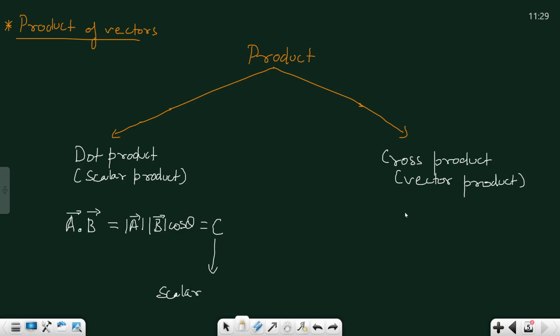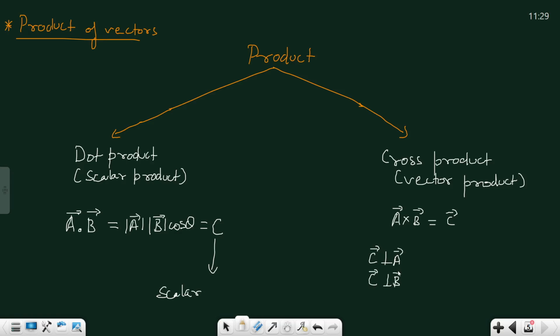But in case of cross product, when you multiply a cross b, you will get a new vector, that is the c vector. This c vector will be perpendicular to both of the vectors, a vector as well as b vector.